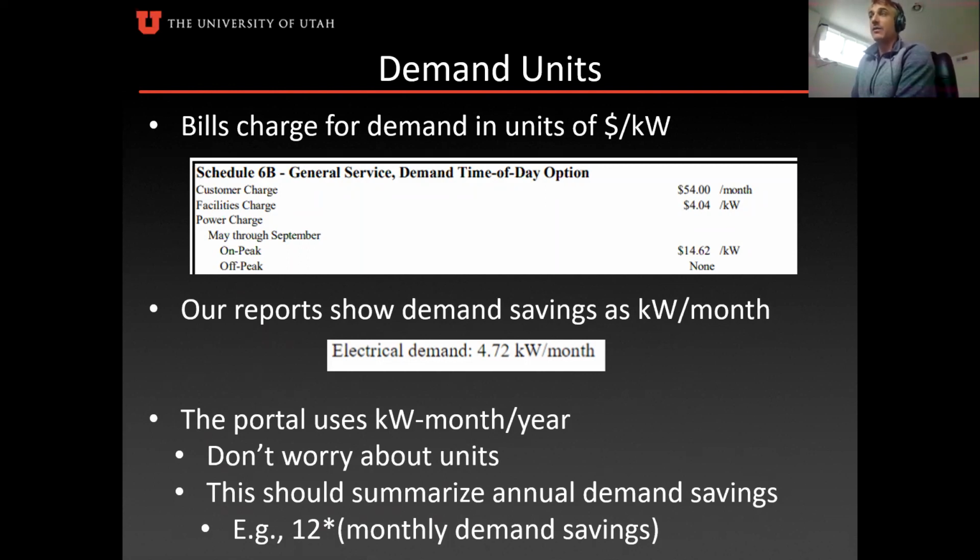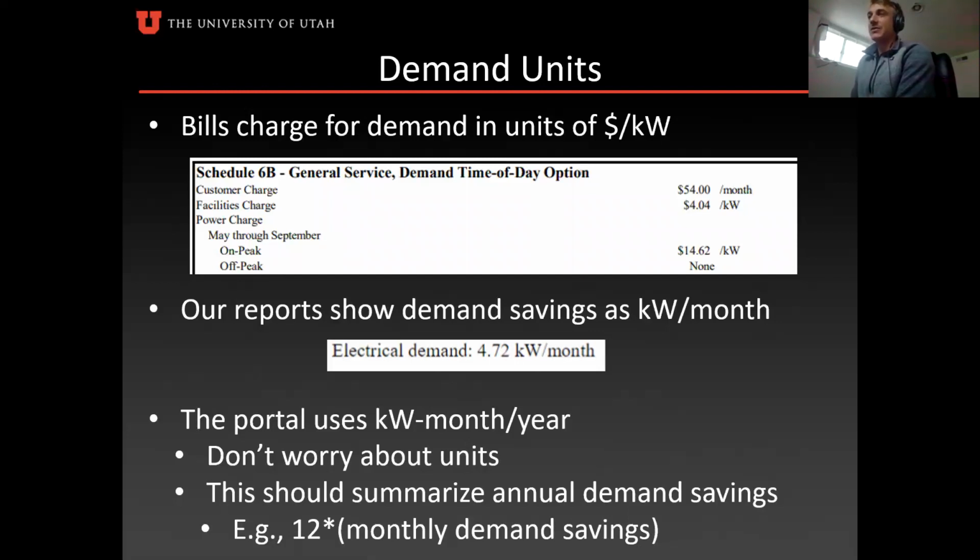And then in our reports, when we're showing what the demand savings are for each AR, we report it in kilowatts per month. Most people have seen that, hopefully. But the confusing thing, and I reached out to Julie about this, is that the portal uses kilowatt-months per year for their total demand savings for the year, and I don't have a good explanation for that.